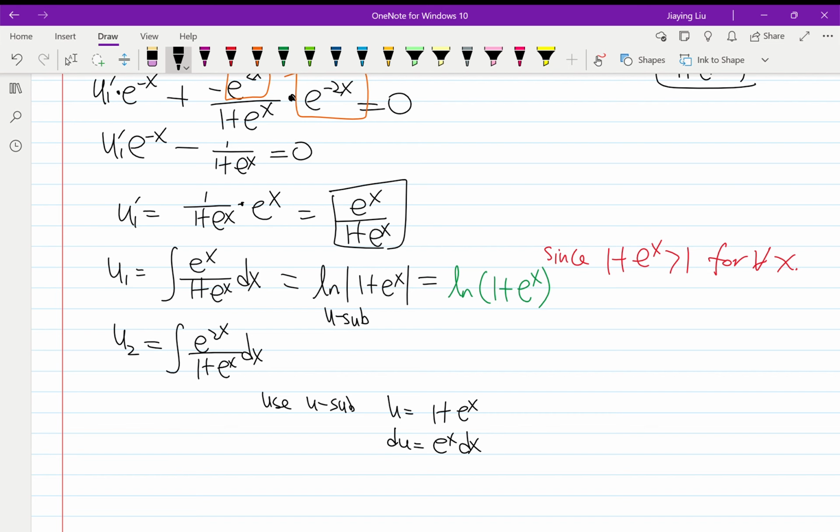But the first thing you have to do is, because here we have e to the 2x, we need e to the x dx. When I split this numerator, the e to the 2x, we have to write it as e to the x times e to the x dx divided by 1 plus e to the x first. That way we can substitute for e to the x dx altogether with du.